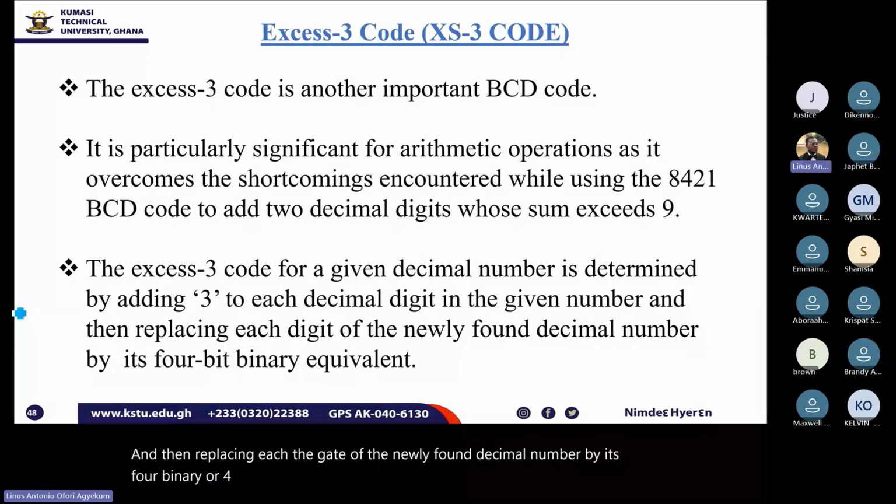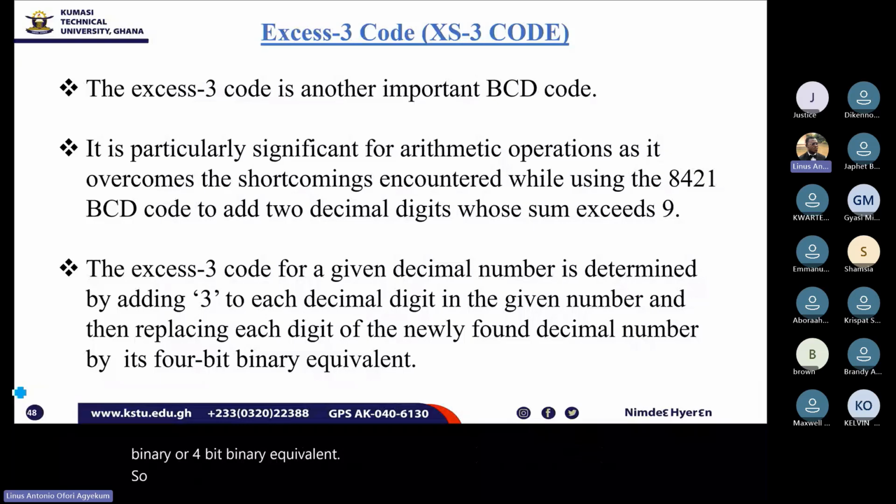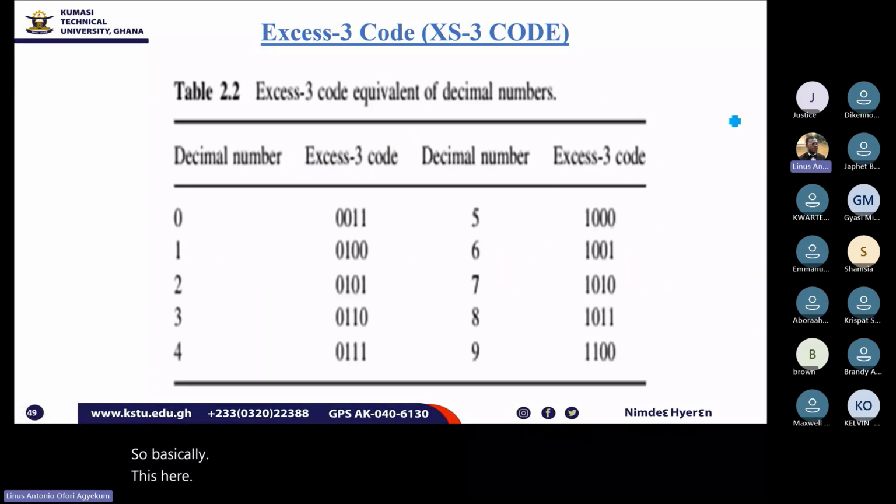So basically, this is what we mean by the XS3 code. So for instance, for the decimal number 0, its XS3 code will be 0011, which means that we are adding 3 to that number.